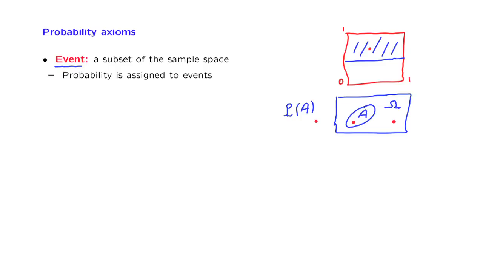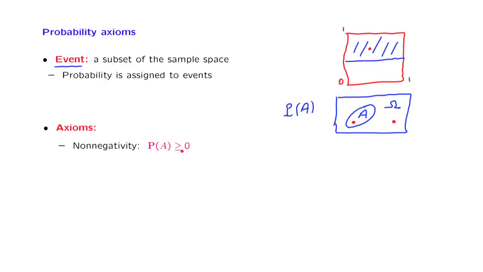And probability of 1 means that we're practically certain that an event of interest is going to happen. So we want to specify rules of this kind for probabilities. These rules that any probabilistic model should satisfy are called the axioms of probability theory. And our first axiom is a non-negativity axiom. Namely, probabilities will always be non-negative numbers.